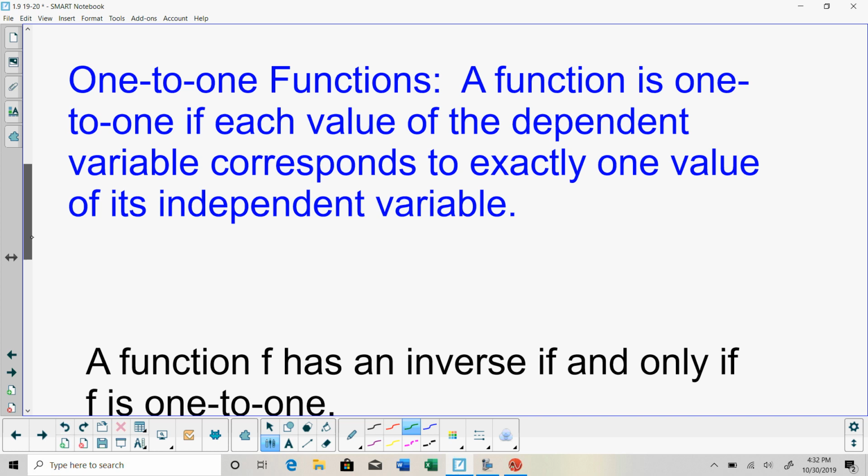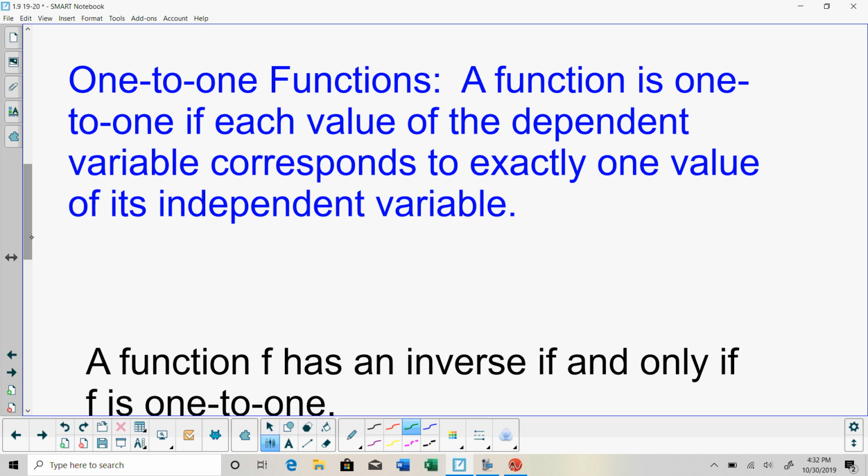So a function is one-to-one if each value of the dependent variable corresponds to exactly one value of its independent variable.